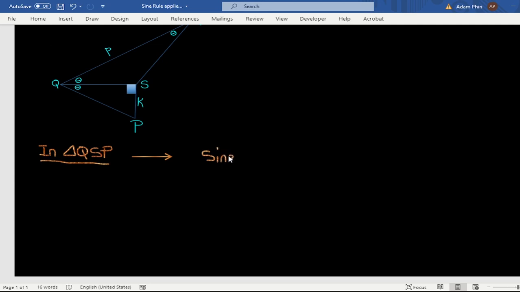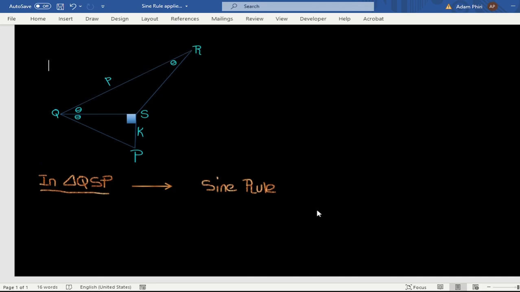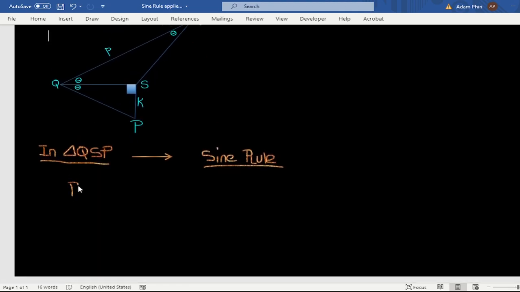So in triangle QSP, we have the sine rule applied. The sine rule will say that we have sine P over QS, and then we need to know what angle P is. So angle P is 180 degrees minus theta minus 90 degrees.